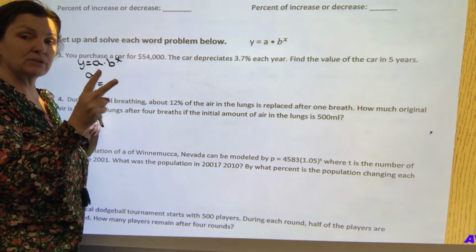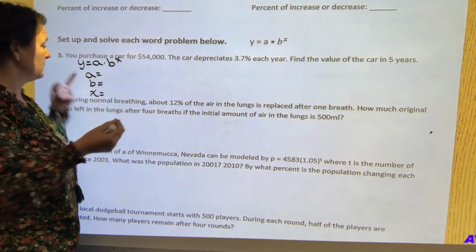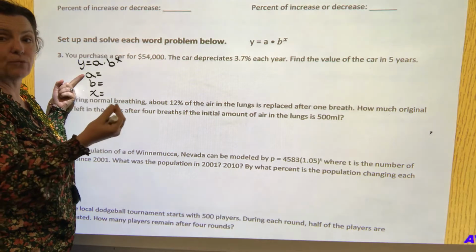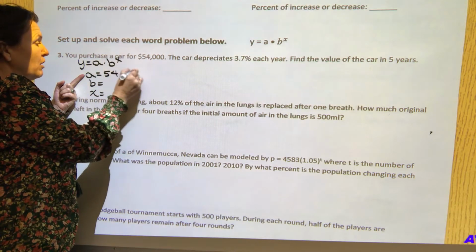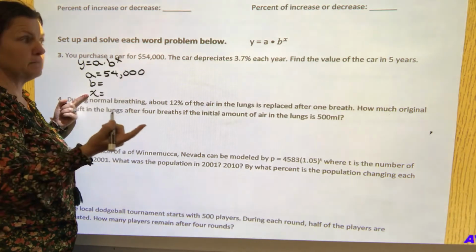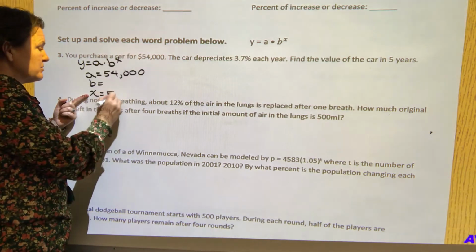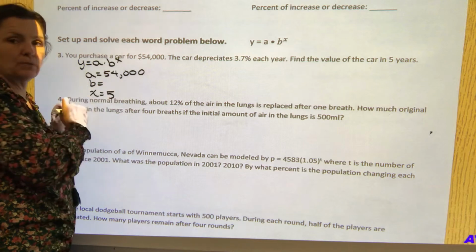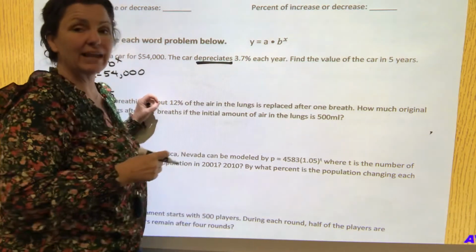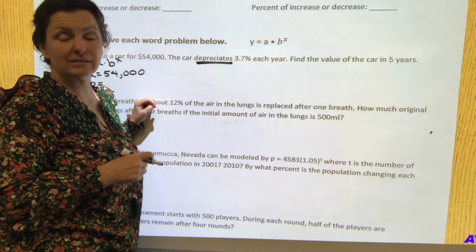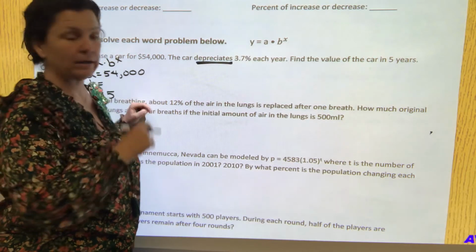2 of these information pieces are kind of easy to spot. Remember, A is the initial value of whatever we're dealing with. That would be the start value of this car. X is a time. How much time? We're talking 5 years. This one's the kind of spicy one, okay? So this word kind of gives it away. Depreciate is also a word for decrease, decline, decay, okay?